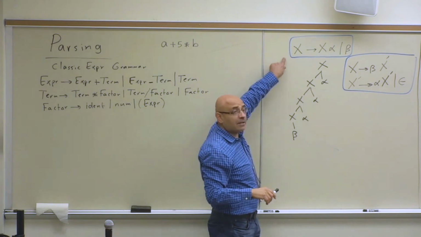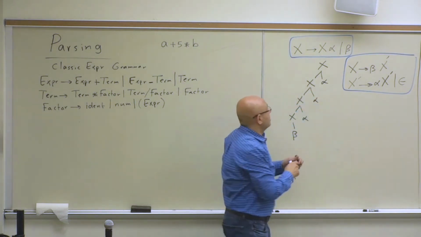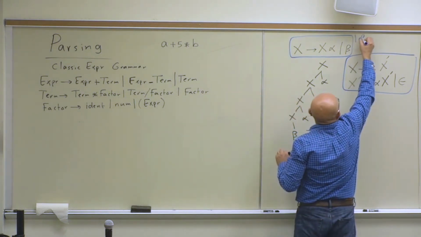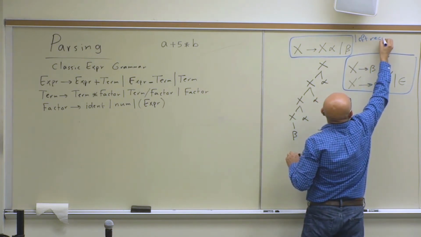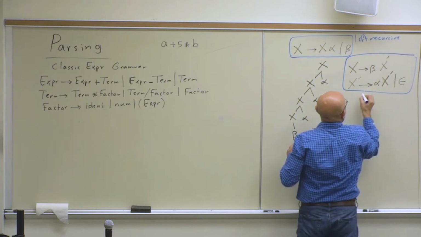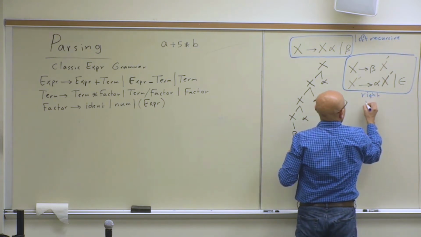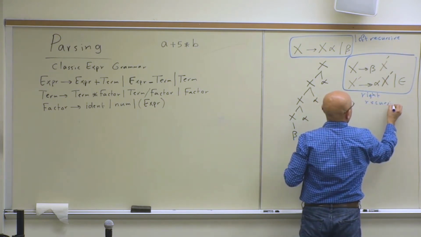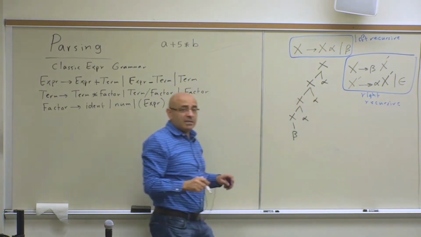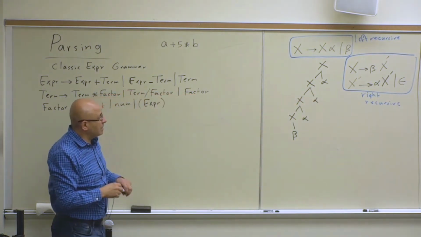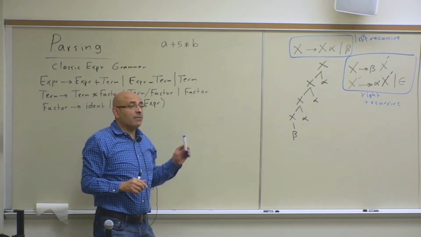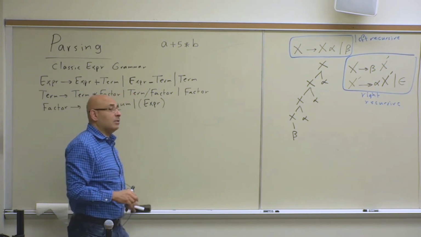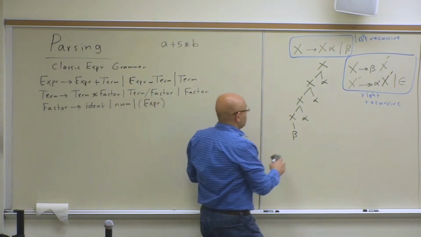But this is left recursive and this is right recursive. As we will see later in a few minutes, the right recursive form is going to work very well with the kind of parsing that we will be studying today.